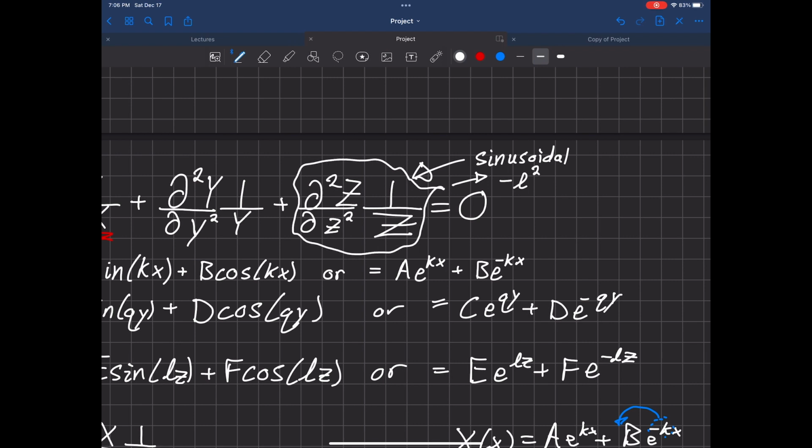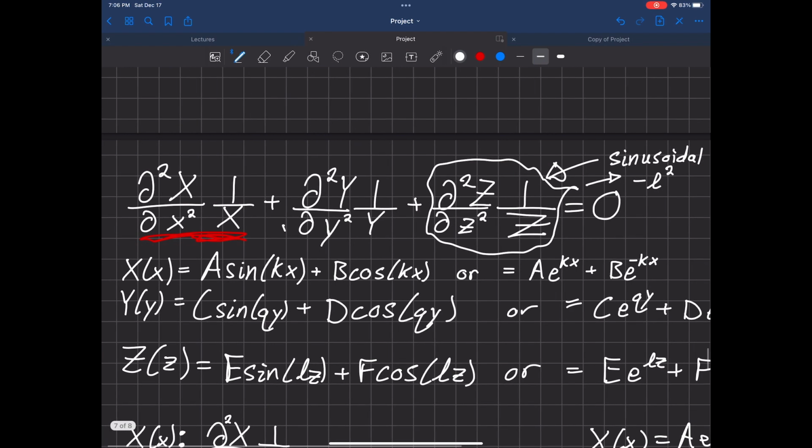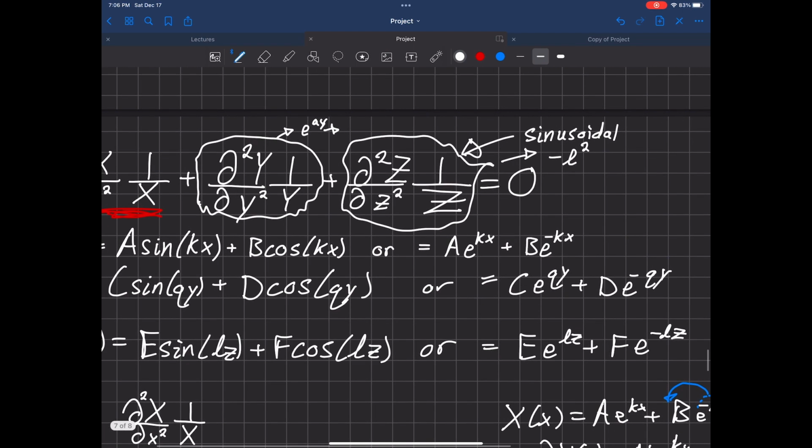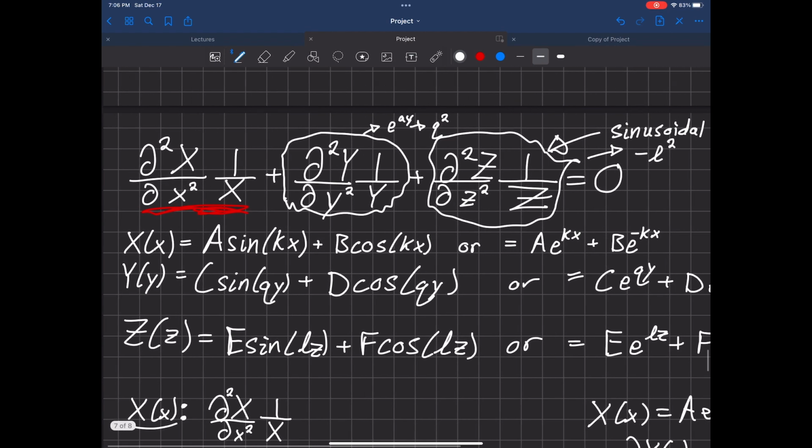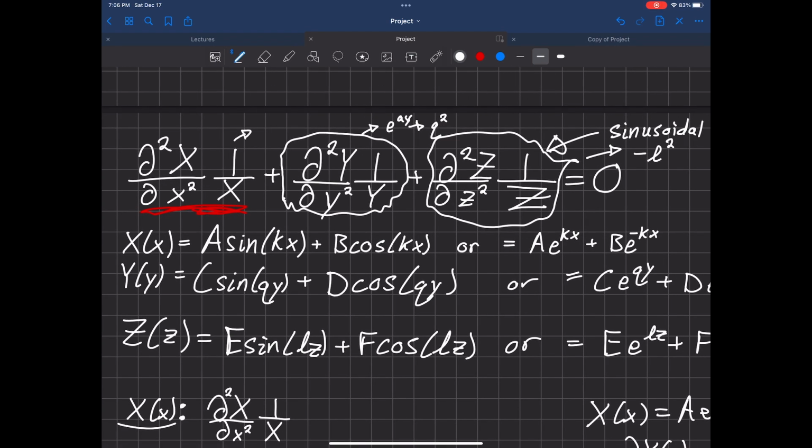And then you know that your y, let's say it's exponential, like e to the qy, is going to give you your q squared. And then for the x one, let's say it's also sinusoidal. Then you're going to get out of this whole thing a negative k squared, which we just solved.